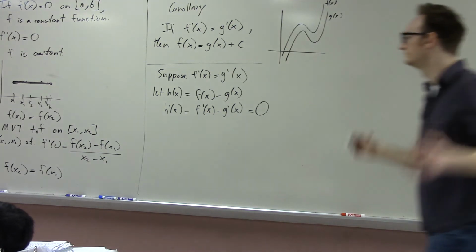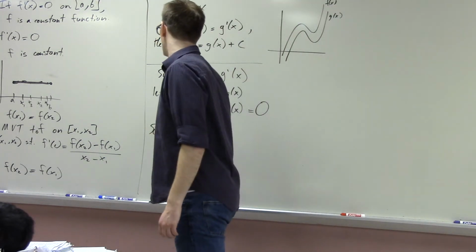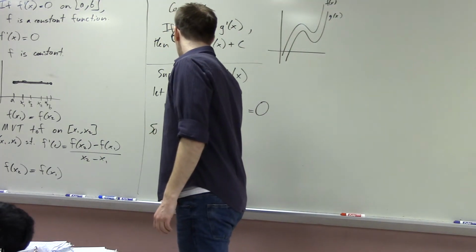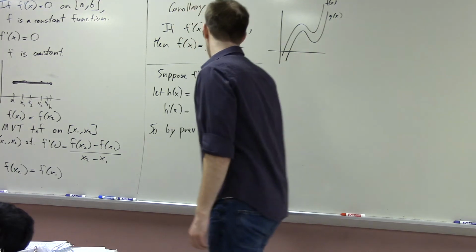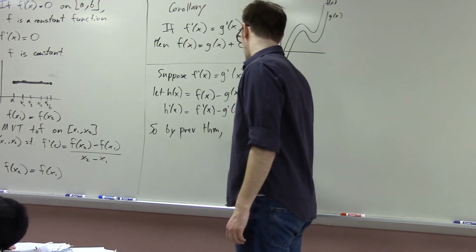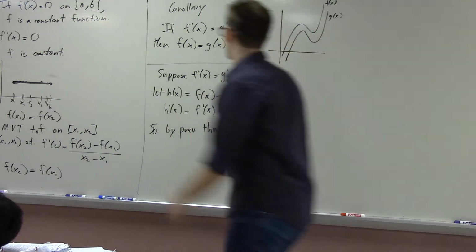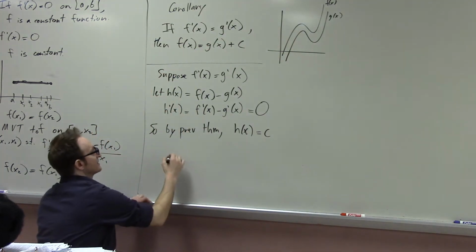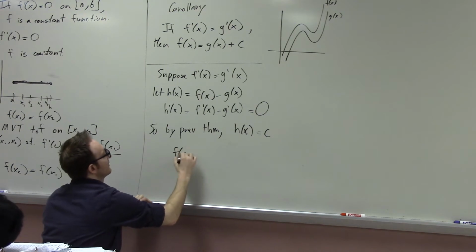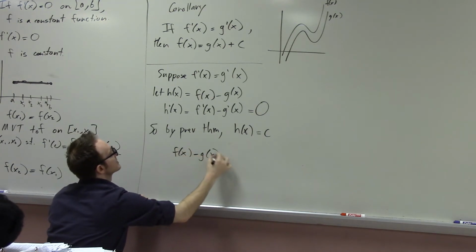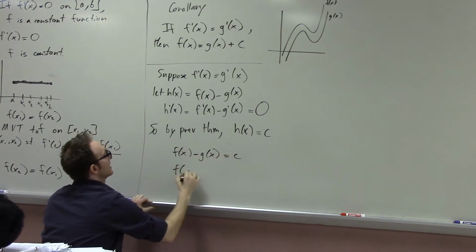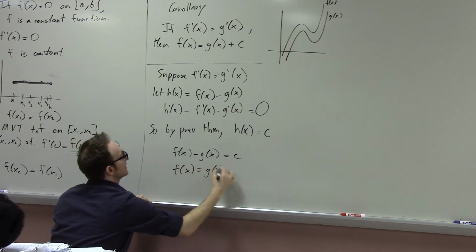It's a constant. So by the previous theorem, h is a constant function. And there we have it. So f of x minus g of x, which is just h, is a constant. And so f is g of x plus c.